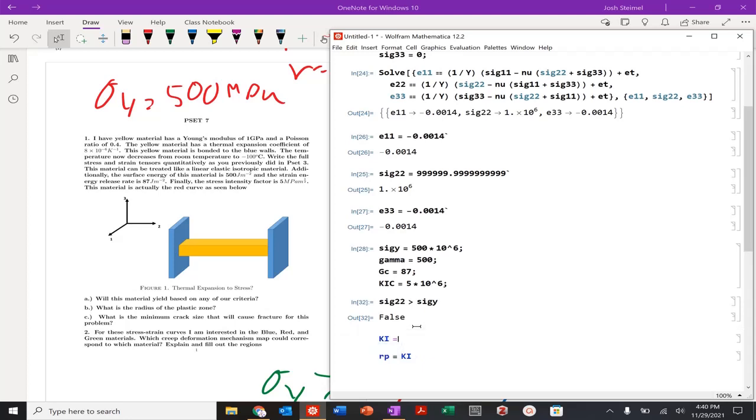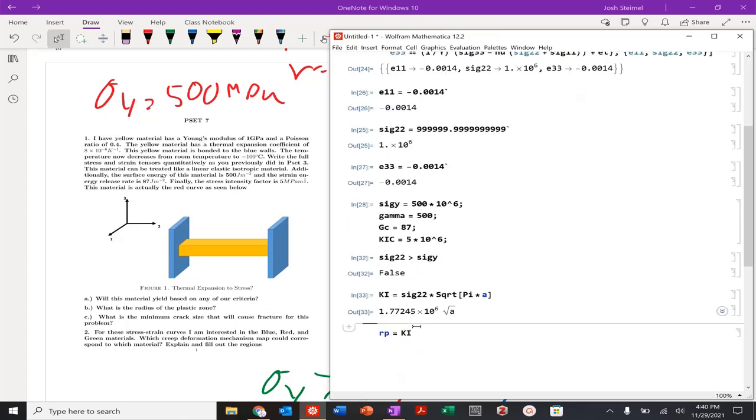My K1 is going to be equal to sig22 times the square root of pi times a. That will be my sigma 1. So Rp is equal to K1 squared divided by 2 times pi times sig y squared.